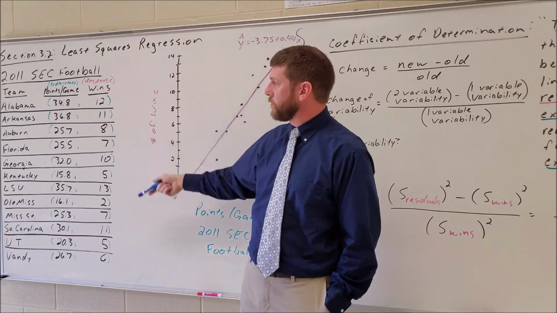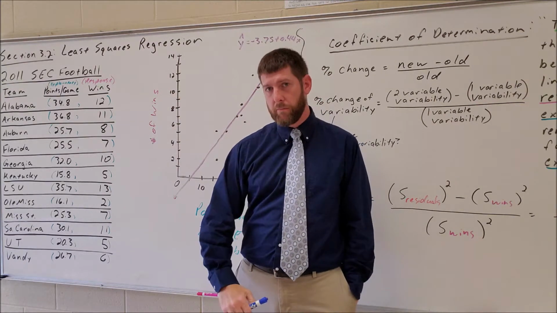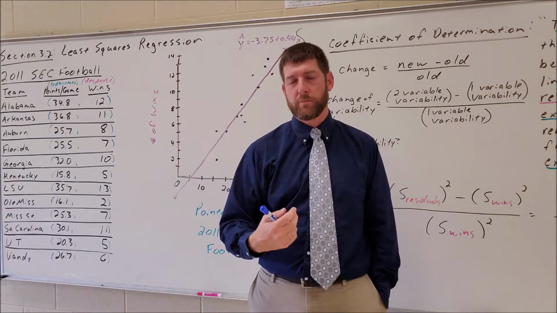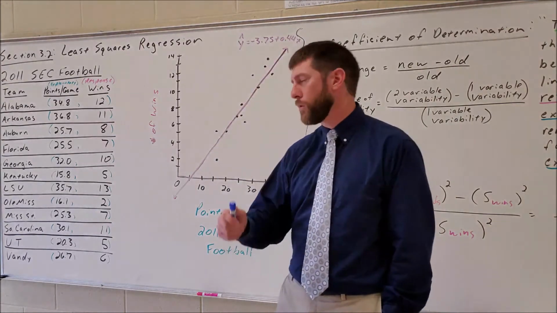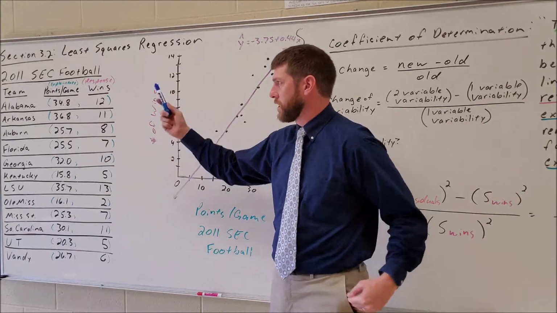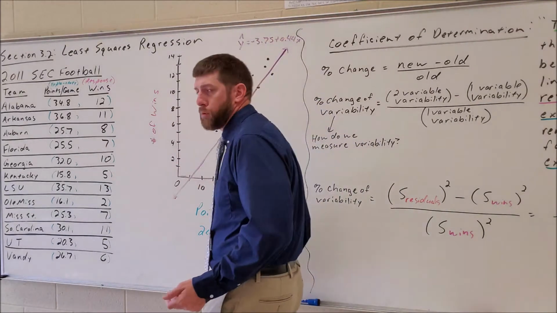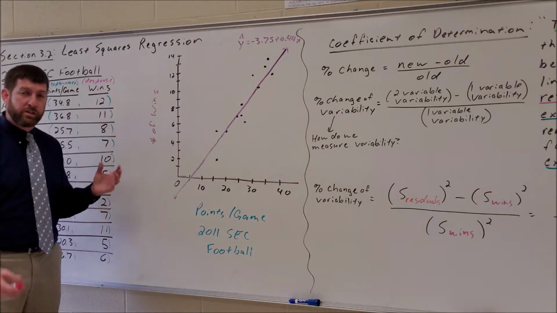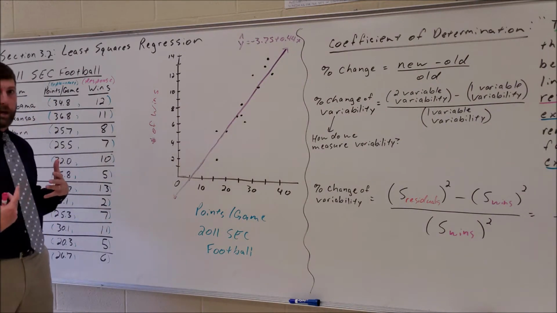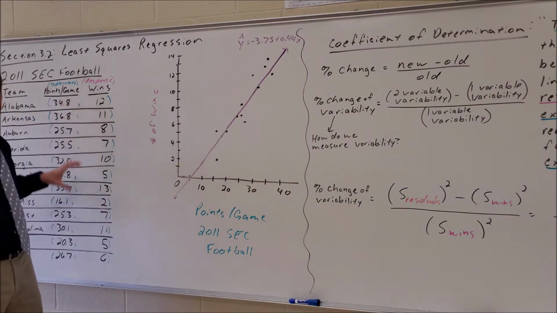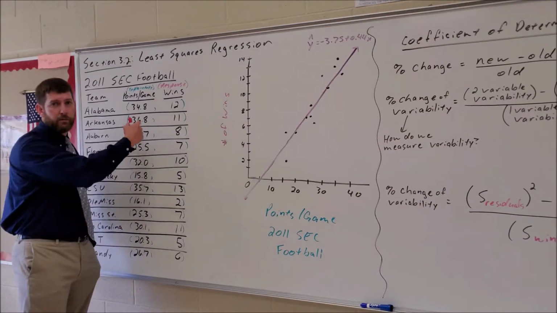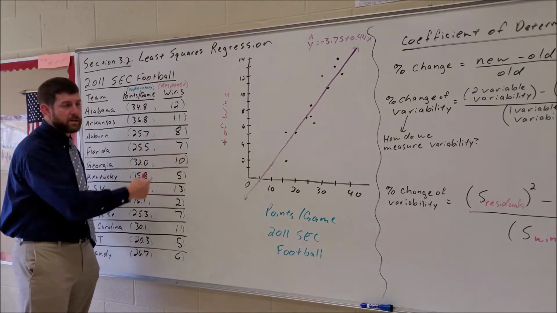If I looked at the mean of each of them, I should have a pretty good guess at how many games this random team from the SEC won. The mean for this year, I think, came out to be 8.1. So how can we get that? Well, we put all of our data in the calculator. We talked about this before, so the data set should still be in your calculator. In L1 we put our explanatory variables, and in L2 we put our response variables.